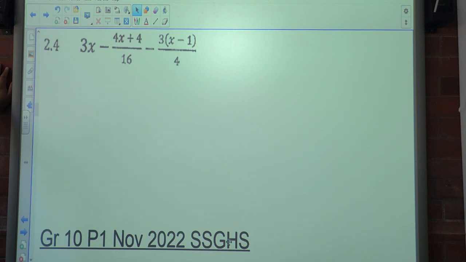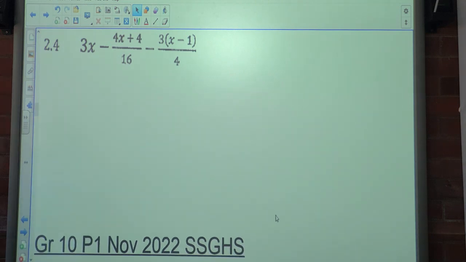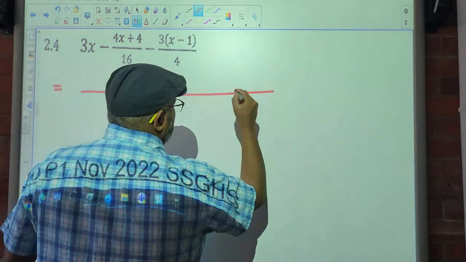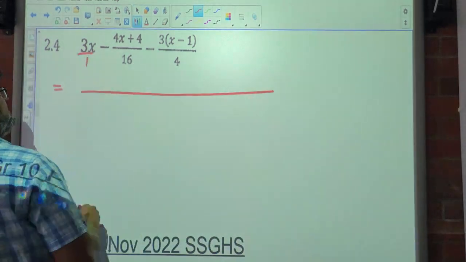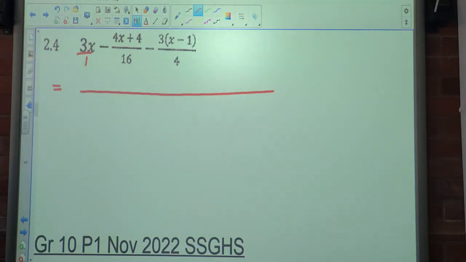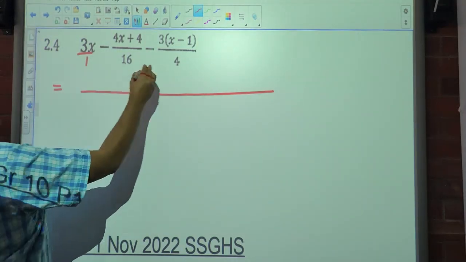2.4. Simplify. So what do I do first? I find a common denominator, LCD or LCM. So between 16 and 4, what's your LCD here? 16.